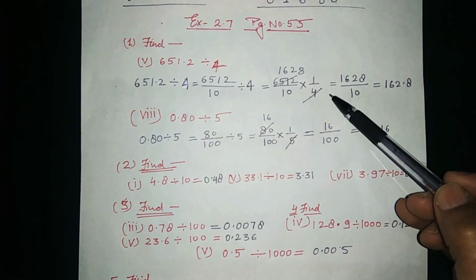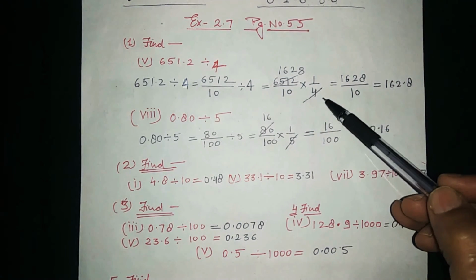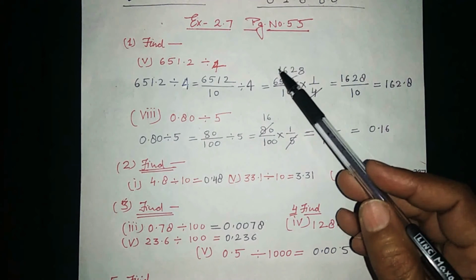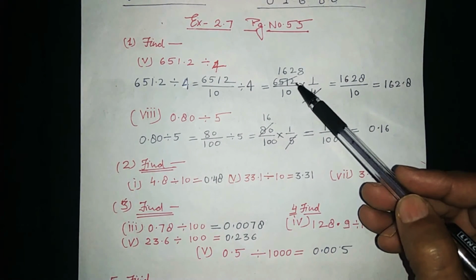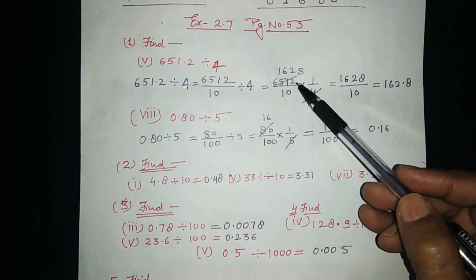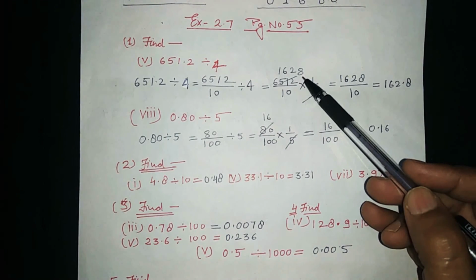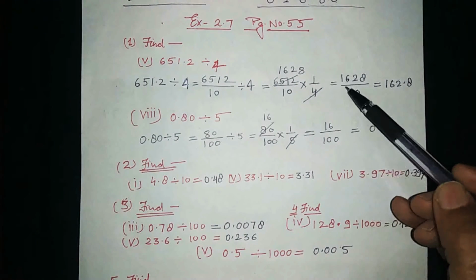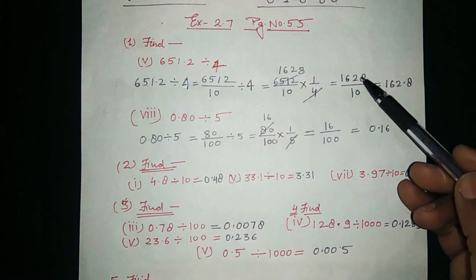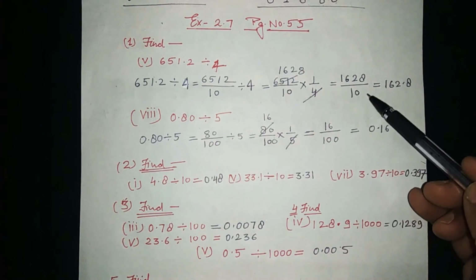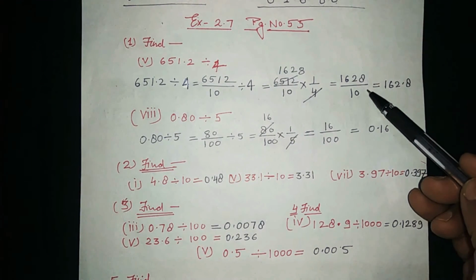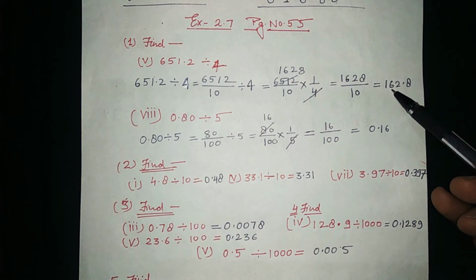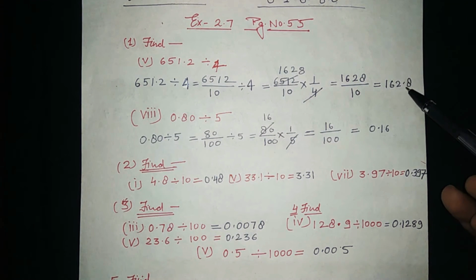Now we will reduce it. 4 1s are 4, and here we can see this 6512 we can divide by 4. So after dividing it by 4, we will get 1628. Now in the next step we will get 1628 divided by 10, and in the form of a decimal we will write it 162.8.